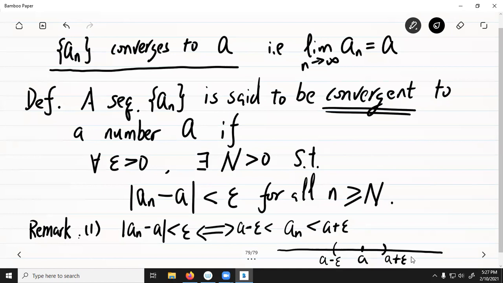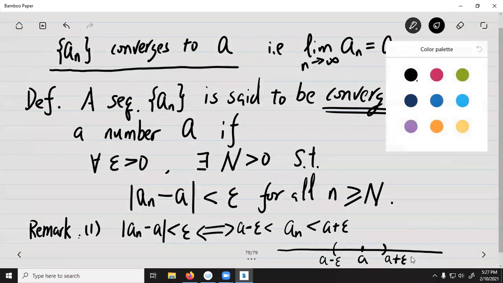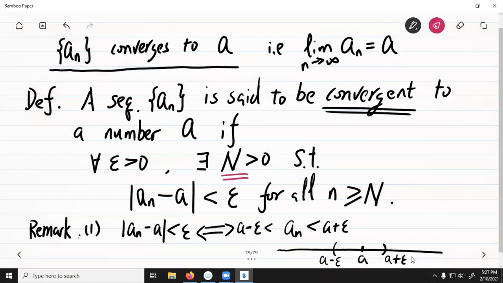No matter how small epsilon is, you can always find this capital N such that after capital N, in other words, a sub N plus 1, a sub N plus 2 are all in this interval.